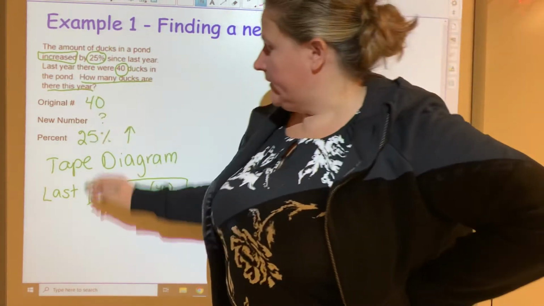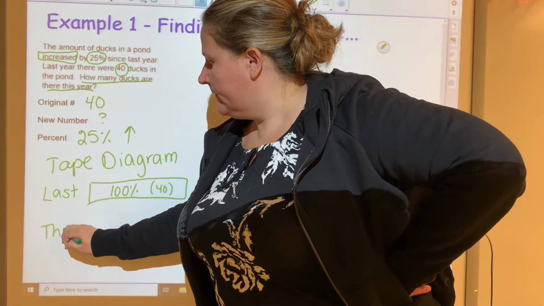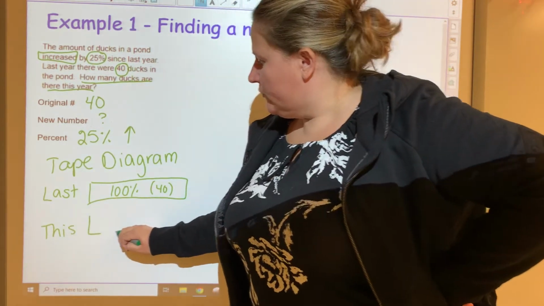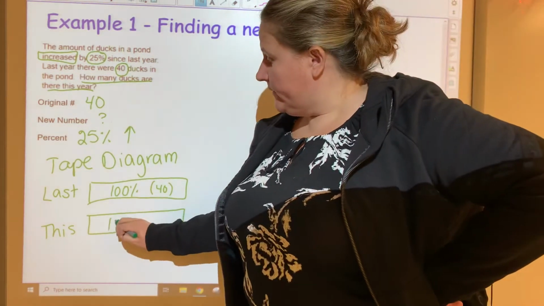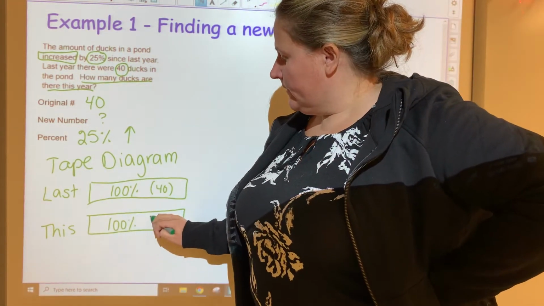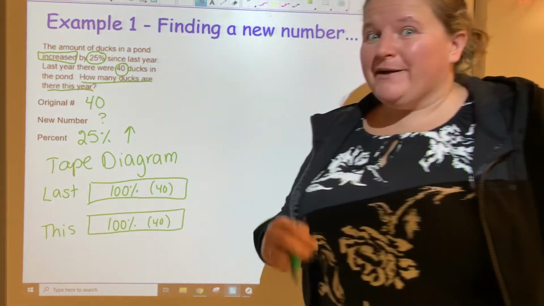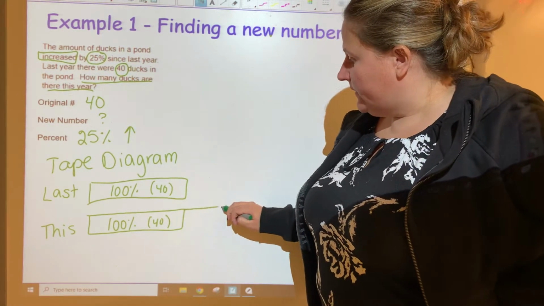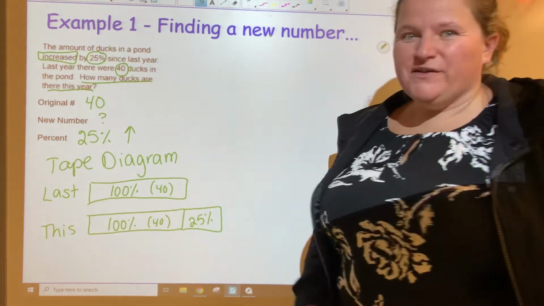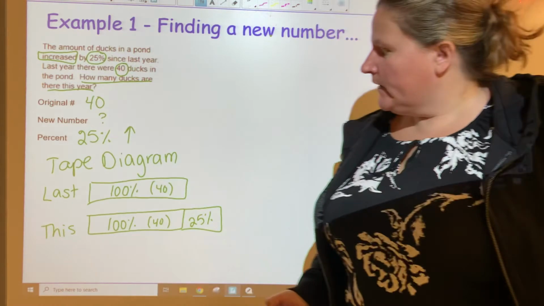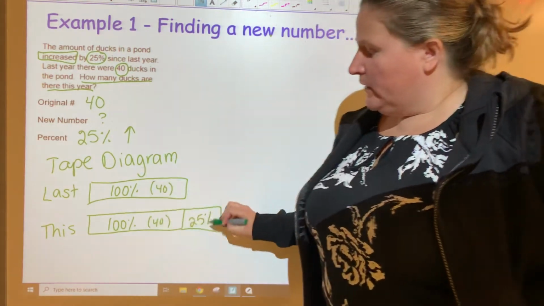This year, so that's what I'm trying to figure out, I have a 25% increase. So what that means, I still have my 100% of ducks, which is my 40, but I'm adding 25% onto it. I'm adding 25% more ducks because it says it's an increase. So that's kind of the picture of what's going on.